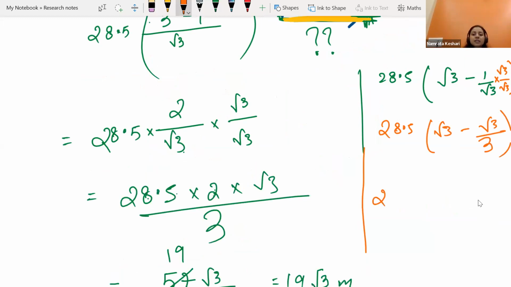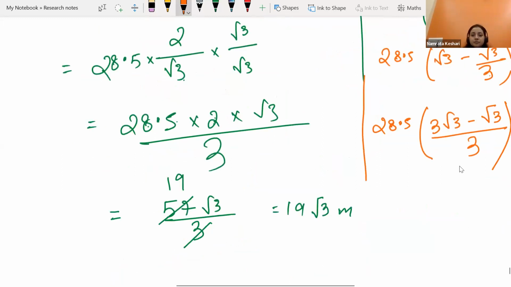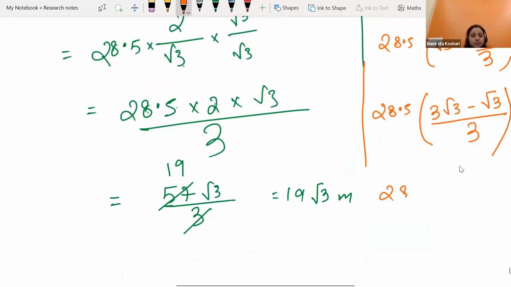You will be having 28.5. Here you still have to take the LCM, only 3. Here you will be having 3 root 3. Here you will be having only root 3. Now 28.5 into 2 root 3 by just 3. Still you have to multiply 28.5 with 2.